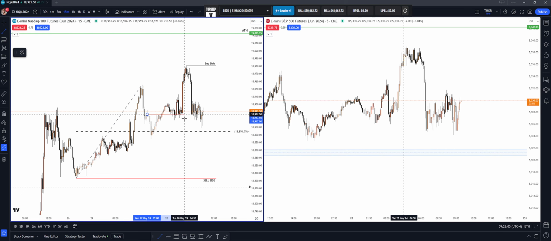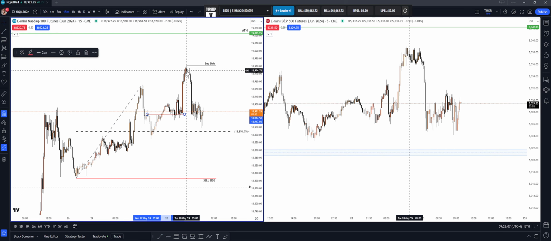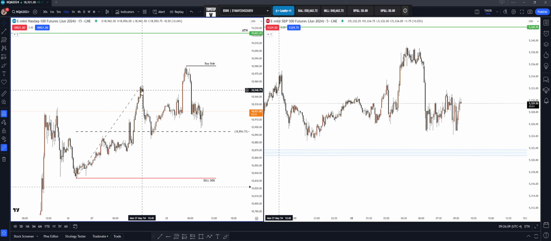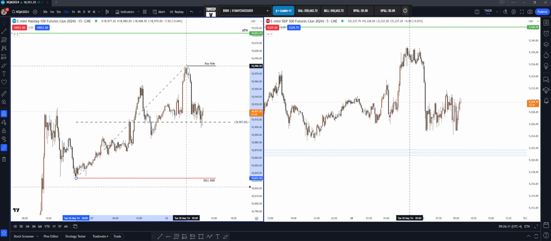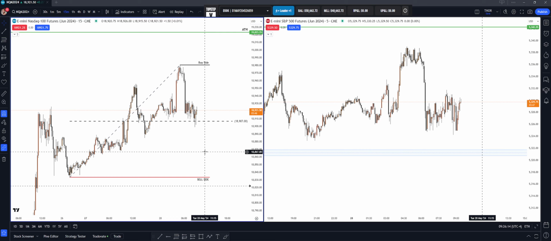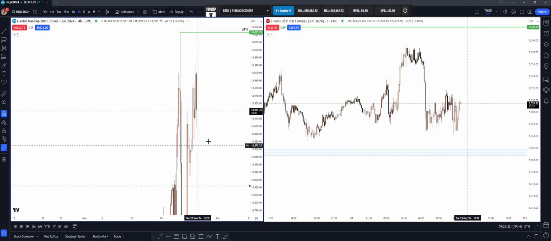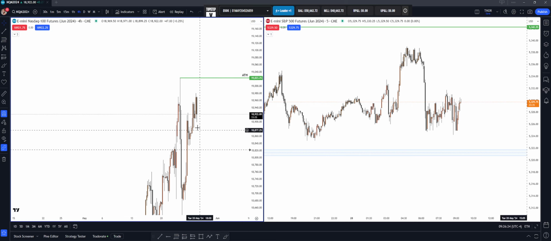This is the breaker, and that breaker sent the price. Didn't touch the 4-hour wick. Let's take a look at the 4-hourly. It's trading down into the 4-hour order block now.